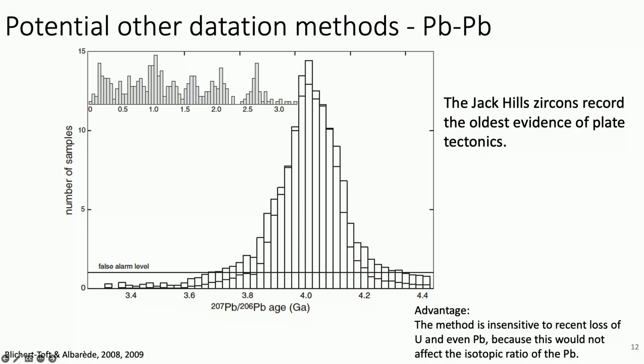And they show that it peaks here at 4.01 billion years, and there are a number of things below that are considered as false alarms. Those zircons are really important because they tell us that they formed from a magma, and this magma has been produced by hydrous melting of a mantle or previous rocks.